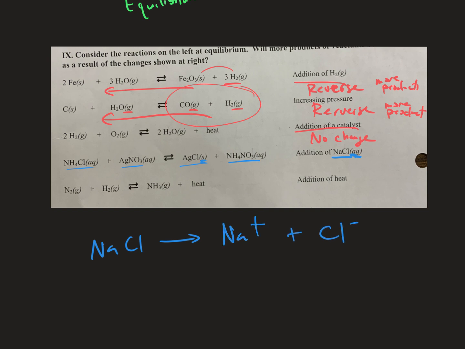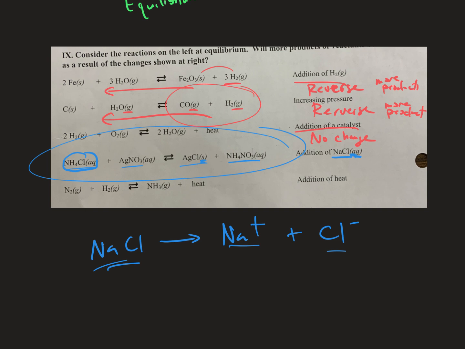You with me? And so really, if we add salt, what part is useful in this reaction? Sodium or chloride? The chloride. Because this right here is an aqueous. That means we have ammonium and chloride ions.